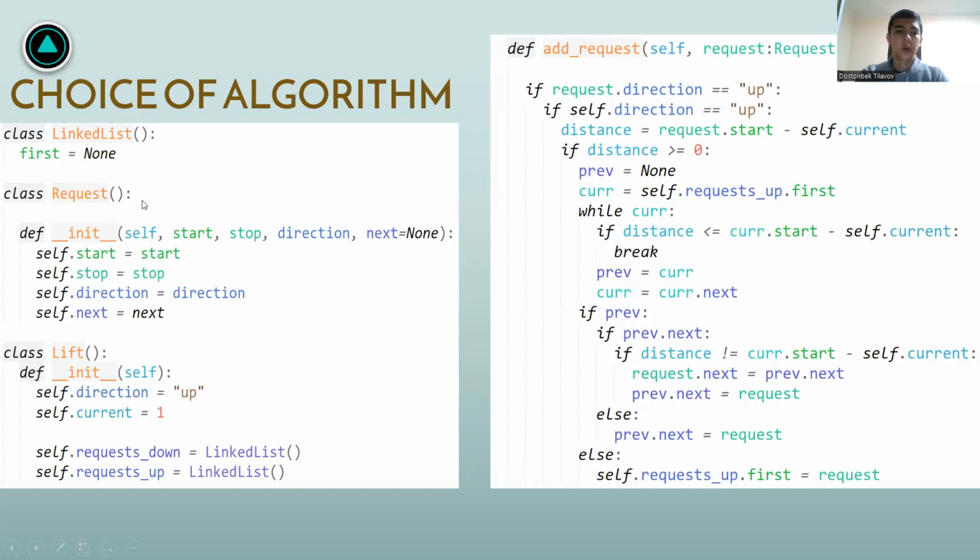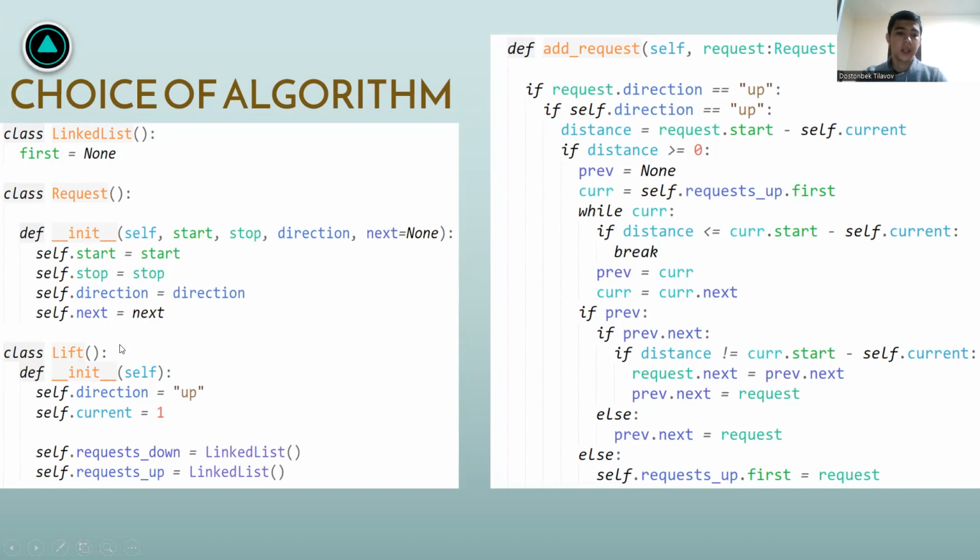In our request class, a request is a node of the linked list. So we have the starting point of that request, where the user is right now, where he wants to stop, which direction he wants to move, and the next request. So these are to keep our data.